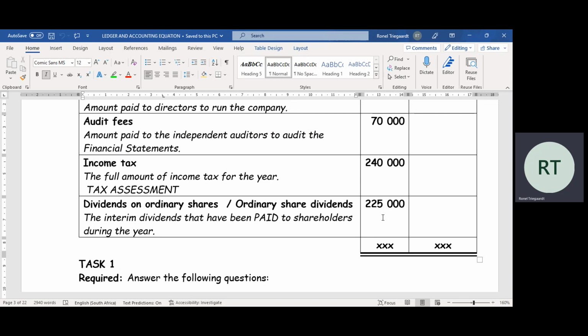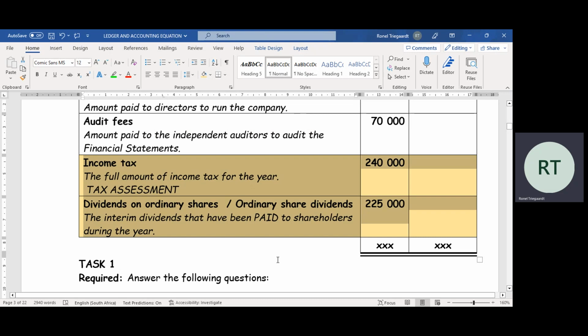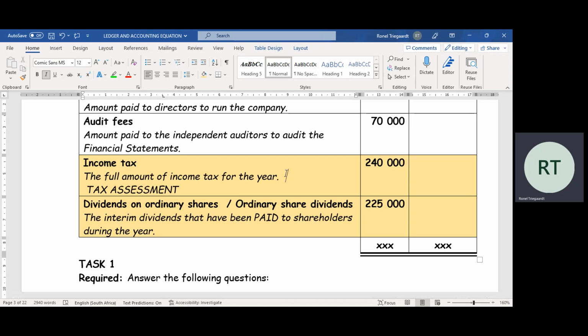Are you with me? These two accounts do fall in the nominal section. They form part of the nominal section, but they are not incomes or expenses. They are sharing the profit, because you know the profit of the company belongs first of all to SARS, then the shareholders must get their dividends, and then what remains goes into the retained income.